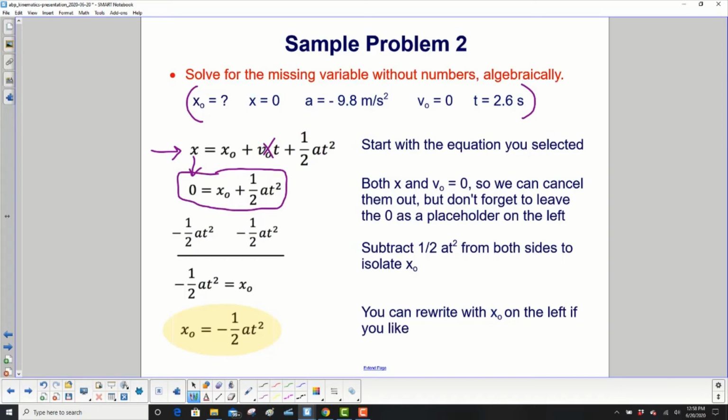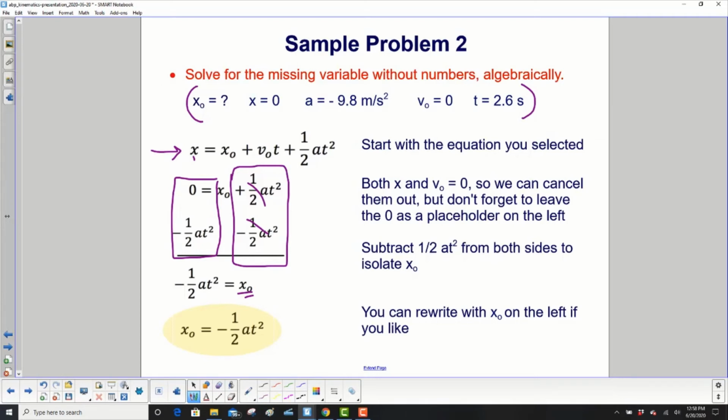And let me just erase this box so I can illustrate that. Here we go. Subtract 1/2 at squared from both sides. And what happens to the right side? Well, it goes out. We're just left with x0. But we added a negative 1/2 at squared on the left side, or subtracted 1/2 at squared, however you want to say it.